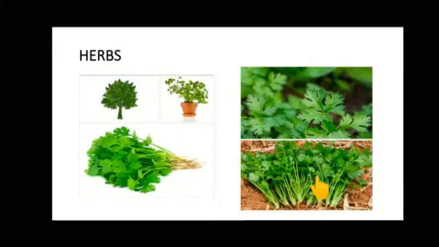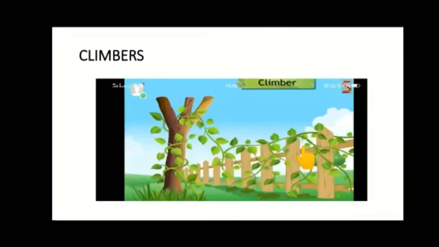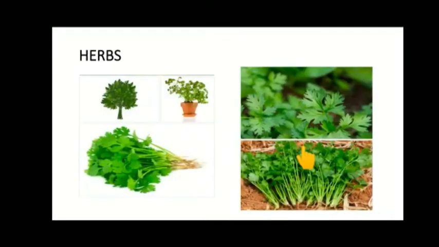They are called herbs. Look at the picture. Coriander plant, you know very well. We can eat this plant also. Some examples of herbs: mint plant, spinach plant, rice plant.